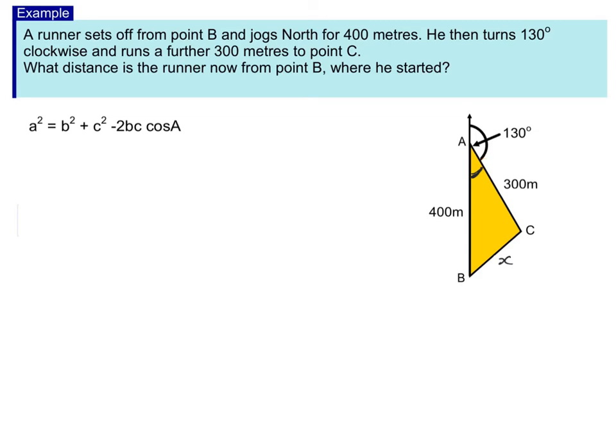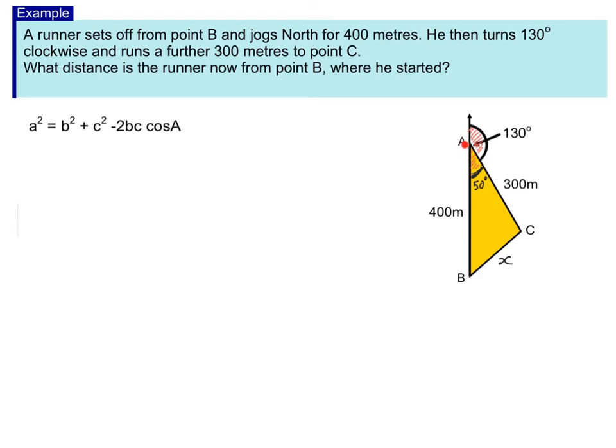So 2 angles on a straight line will need to add up to 180. So this angle in here has to be 50, since 130 off of 180 leaves me with 50.